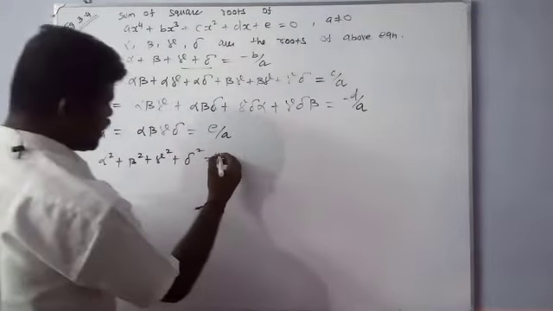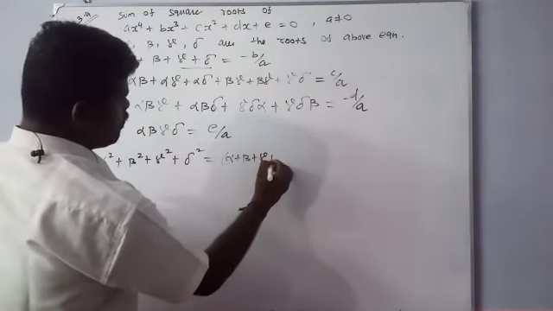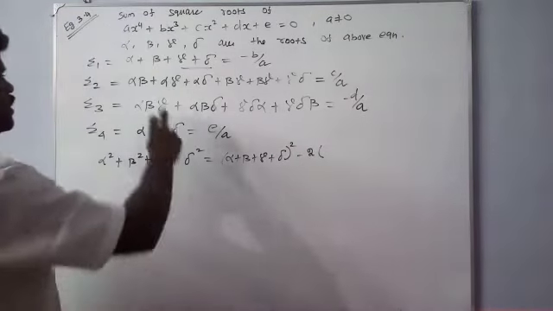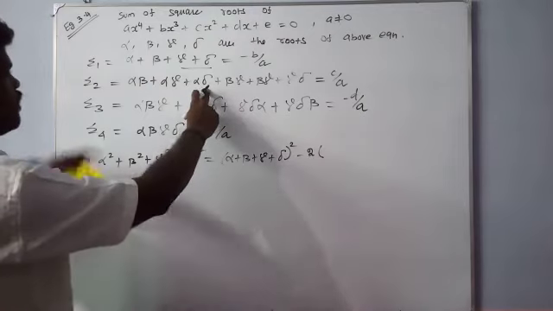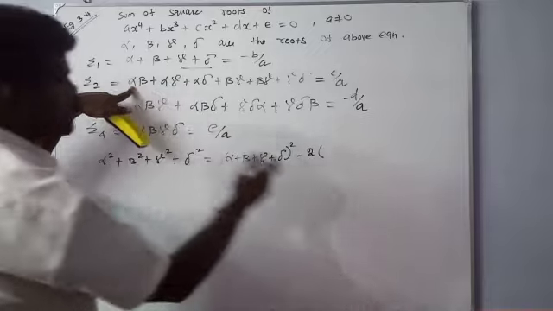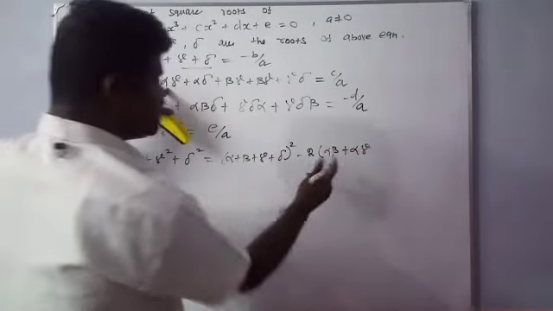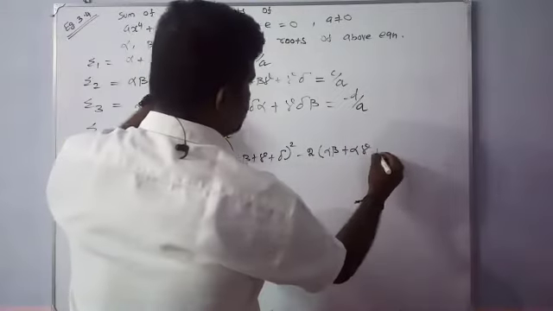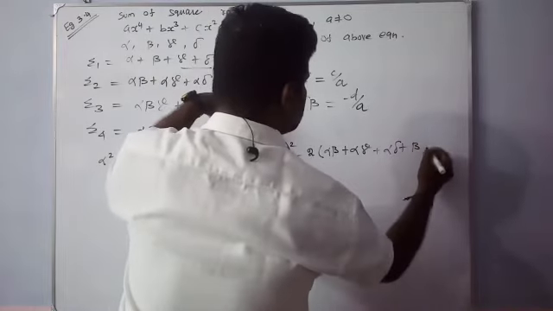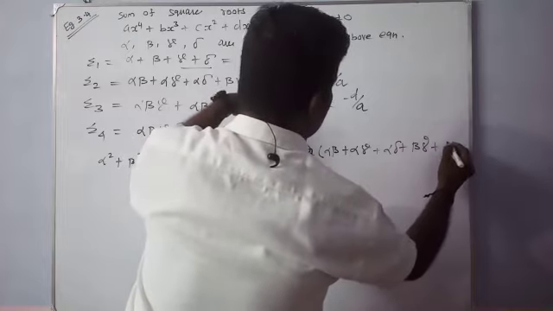A square, b square, c square, d square. So the formula can be written as alpha plus beta plus gamma plus delta the whole square minus 2 times of, write these terms. What is summation 2? Alpha beta plus alpha gamma plus alpha delta plus beta gamma plus beta delta plus gamma delta.